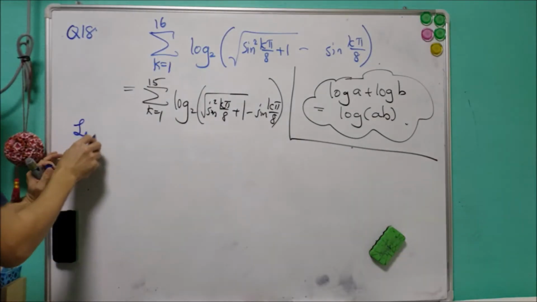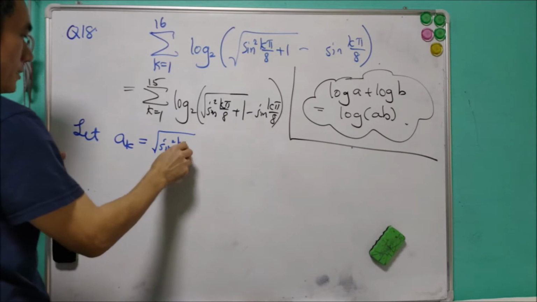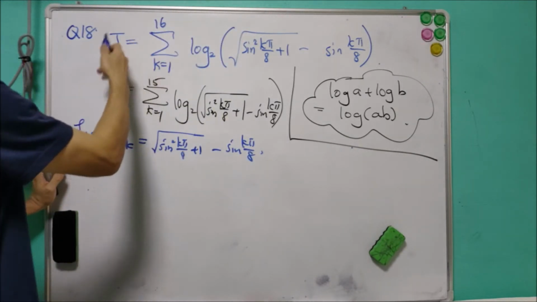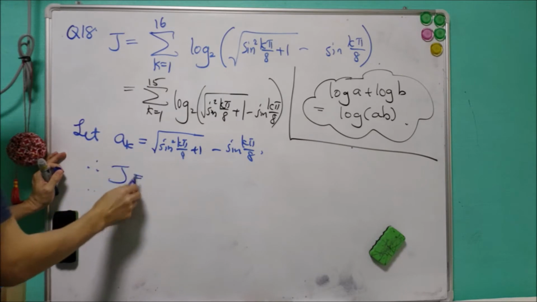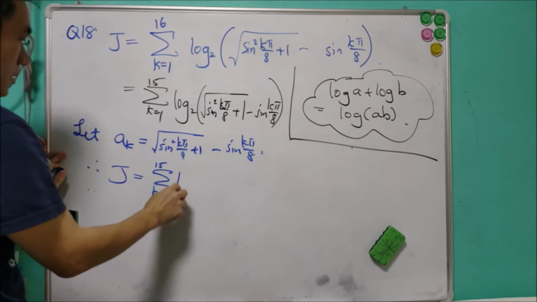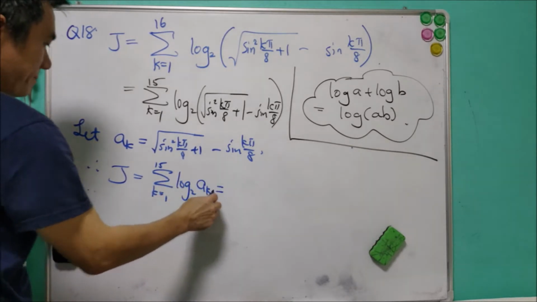Now we let a_k represent the expression here. So call this J, and therefore J is equal to the summation from k equals 1 to 15 of log base 2 of a_k.